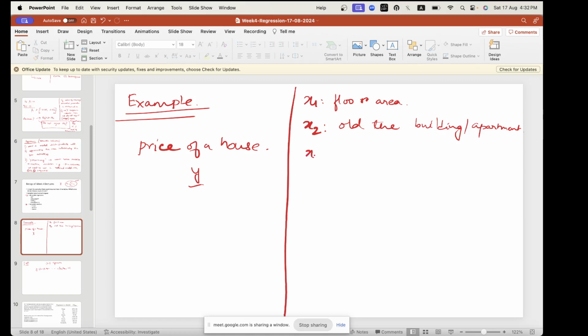X3 could be number of grocery stores within 1 kilometer. X4 could be number of banks nearby.